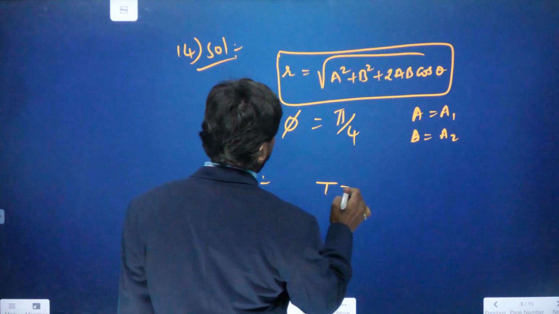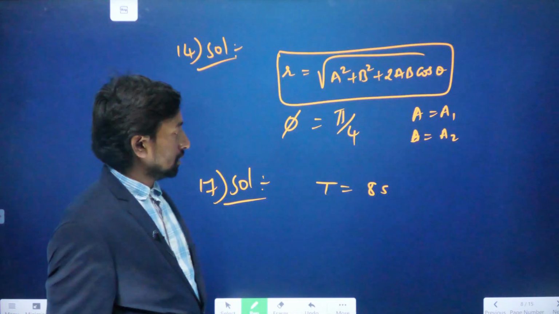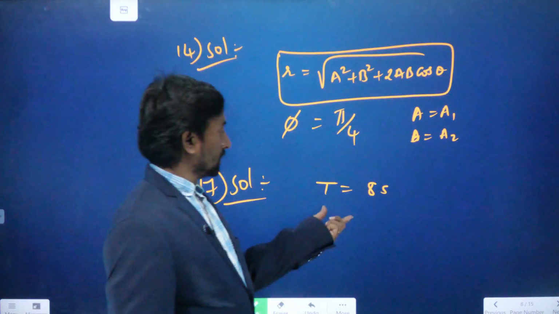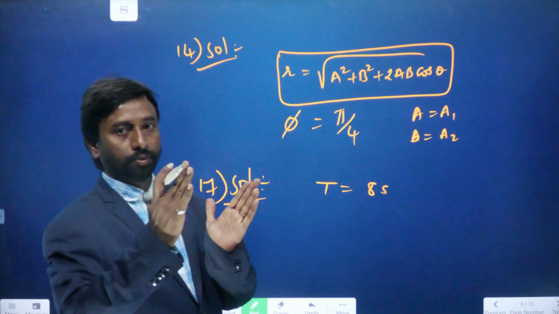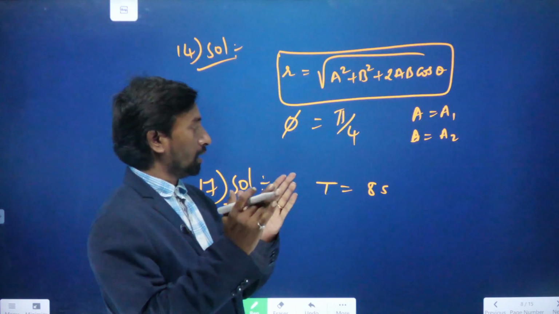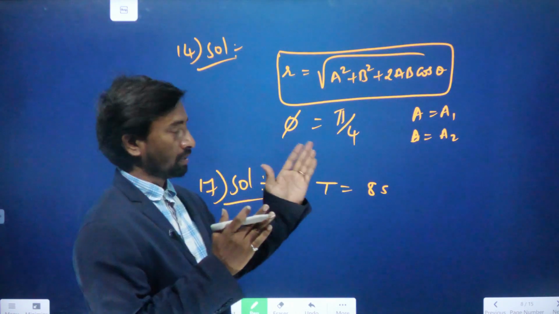Capital T is given here as 8 seconds. If we divide this time period into 4 equal parts, because from mean position to one extreme position is a quarter part, and again from extreme position to mean position is the same quarter part, and then the other side.